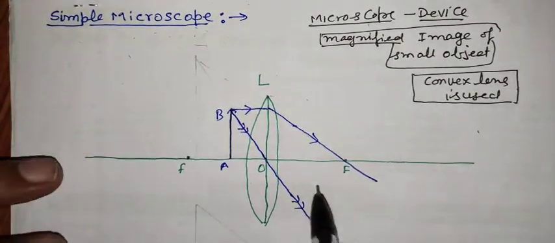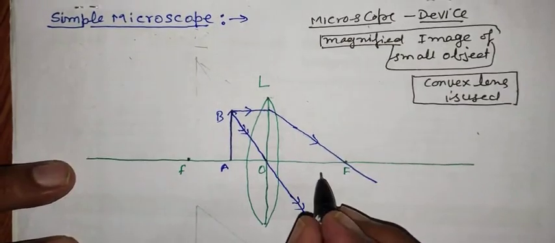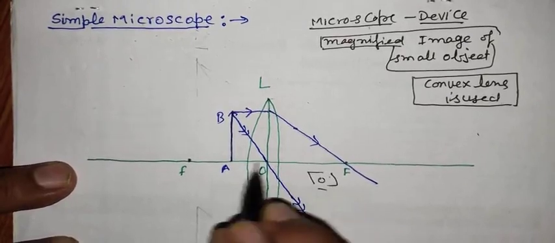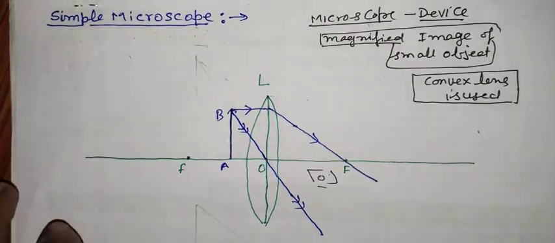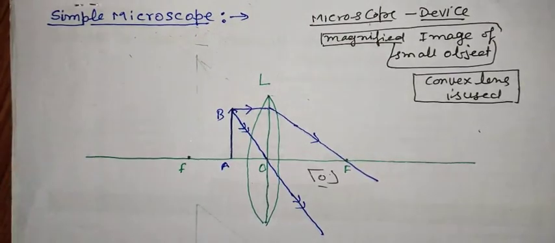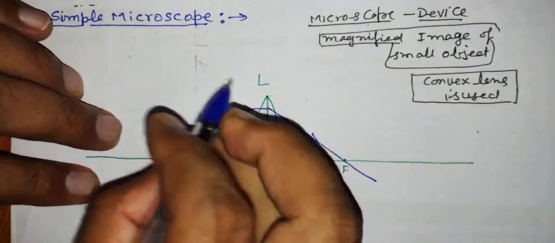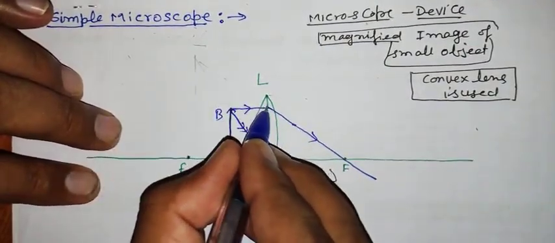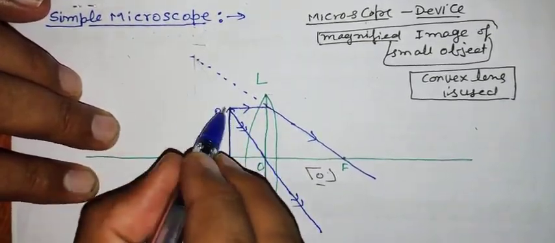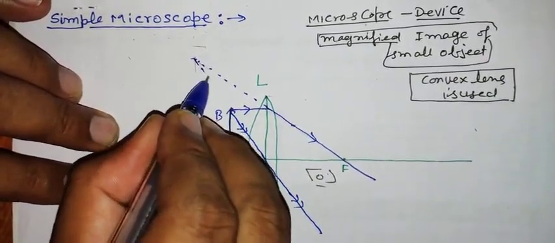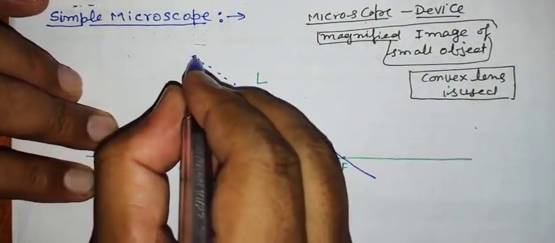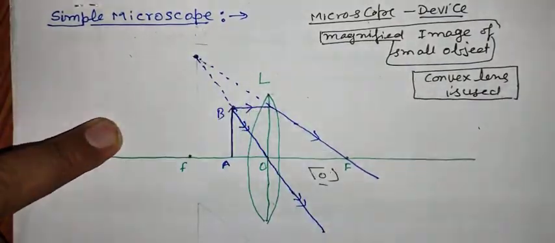Now see in the diagram, no image can be formed on this side when viewed through the eye from here. So to make an image, let us see very carefully. When both refracted rays proceed forward, they seem to come from this point.